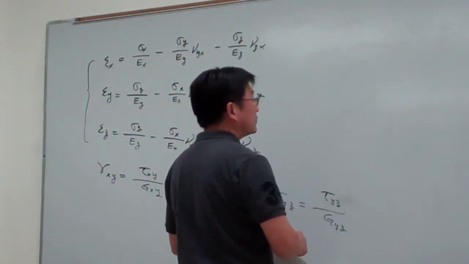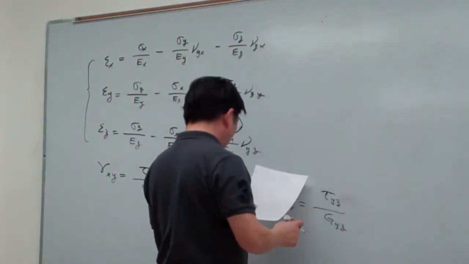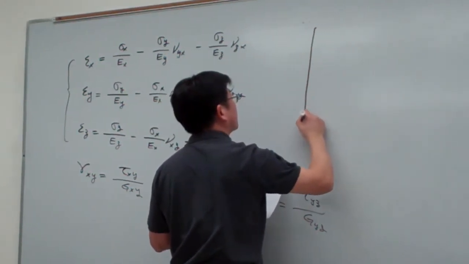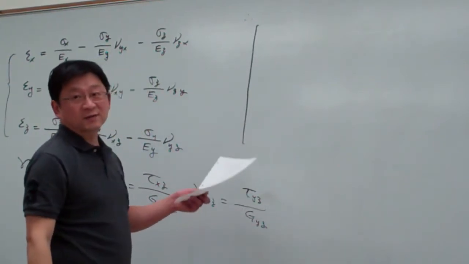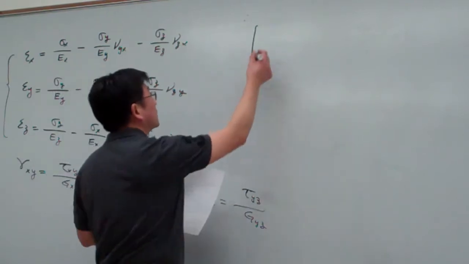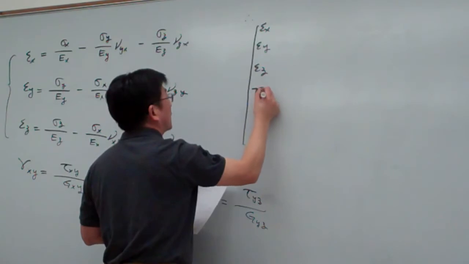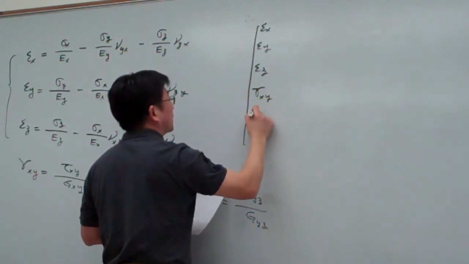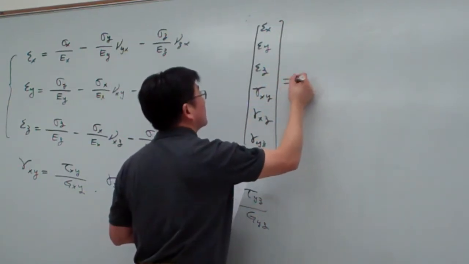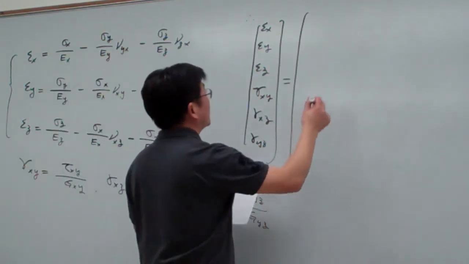So basically, if you would like to write it up, let me try to write it up. So Hooke's law will be given by this. You don't have to write this one. I just want to show you the content. Epsilon x, epsilon y, epsilon z, gamma xy, gamma xz, gamma yz. So everything, let me put it down here.